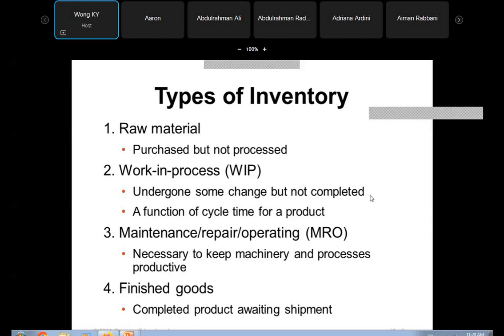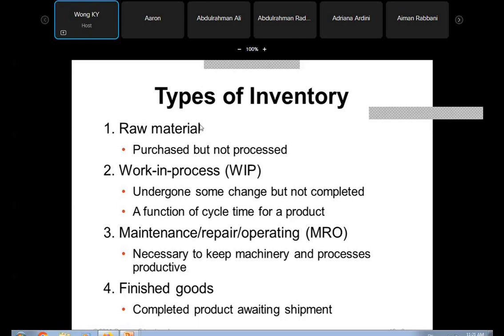So the body of the mineral bottle or plastic bottle is only a work in process because it doesn't have the cap yet. Okay, once you have the cap and once we assemble it into the body of the plastic bottle, then it becomes a finished goods. Okay, so finished goods are completed products, completed goods waiting to be shipped to the customers.